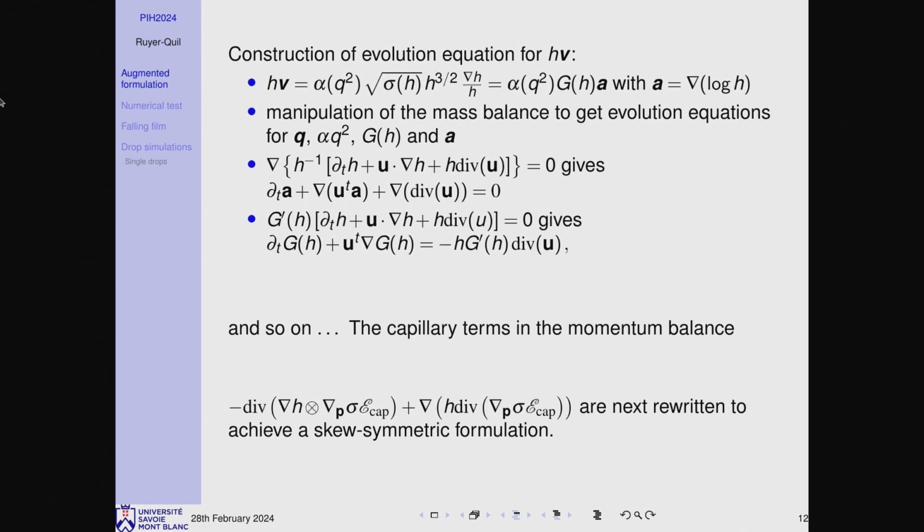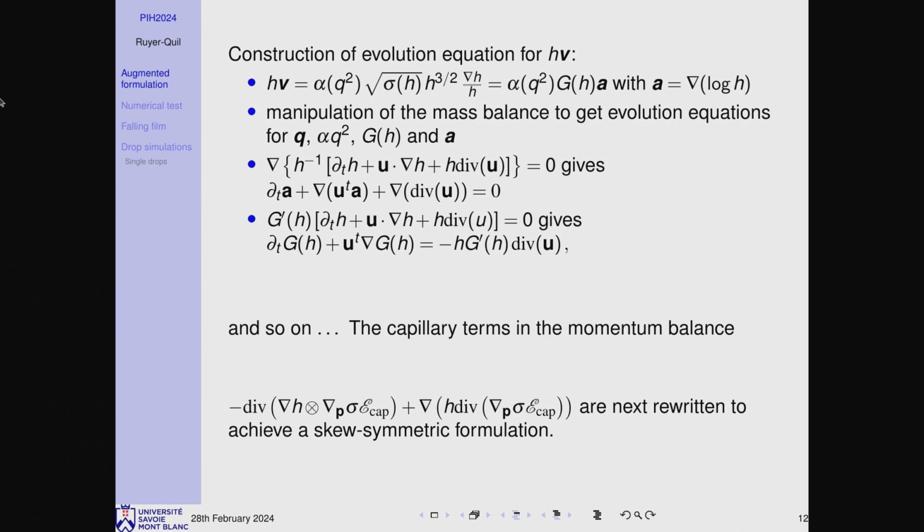So what do we do next? Next, we will work with the conserved variables, which is here simply the momentum associated to the additional velocity. And we write it as a combination of different functions. And within these functions, this is particularly A, which is the gradient of the logarithm of H. Why would you introduce this?